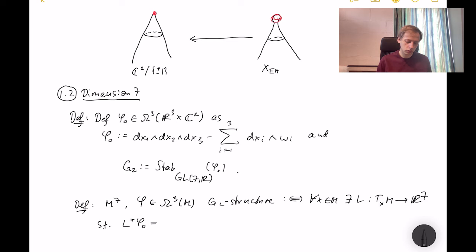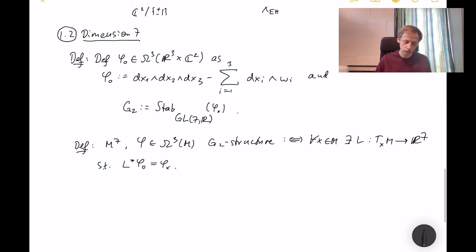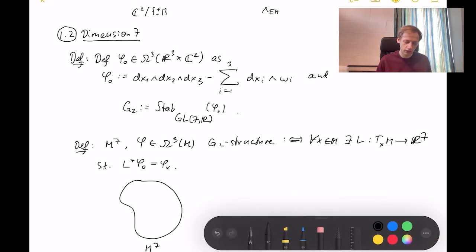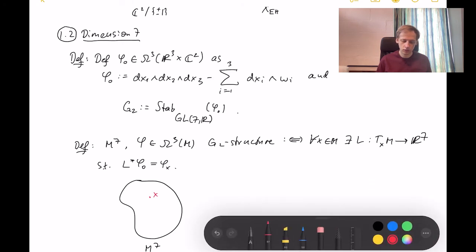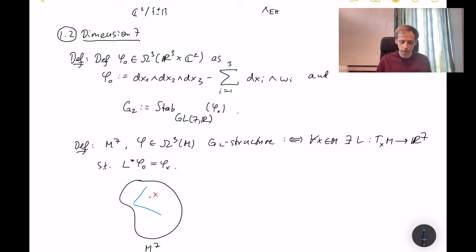So here's our smooth 7 manifold. And we have some point x here. We have the tangent space at x and our map L going on to R7.